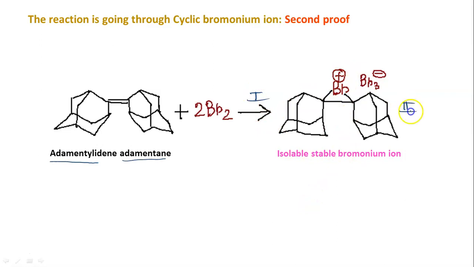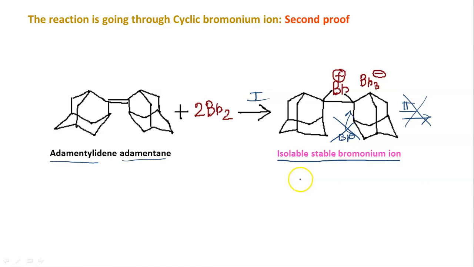So in the second step, what we can expect is that Br minus will attack here. But this is not possible because the structure is so hindered. So there is no second step. And even if there is a second step, it will take so much energy. So that is why this intermediate is so stable, it can be isolated, and it is actually isolated.